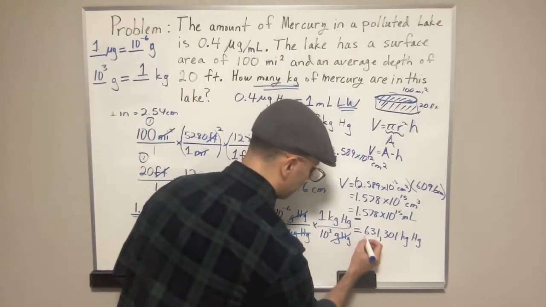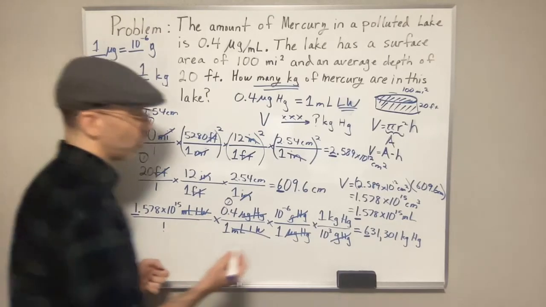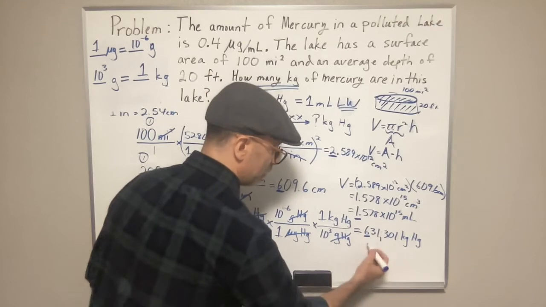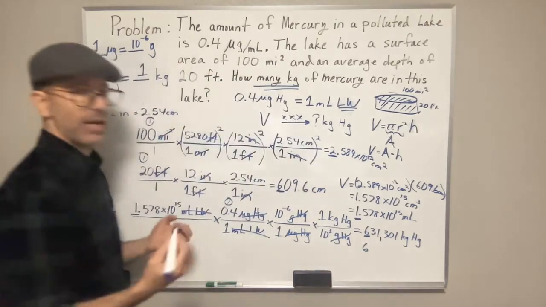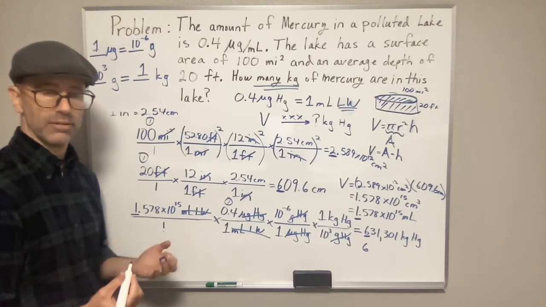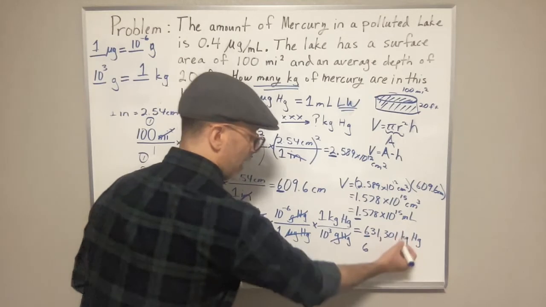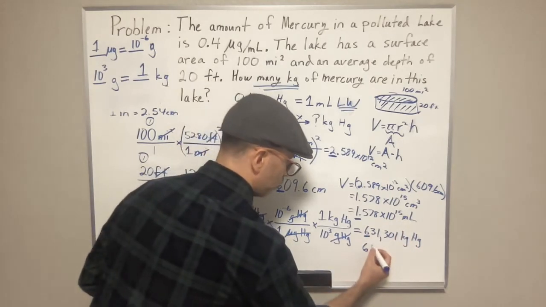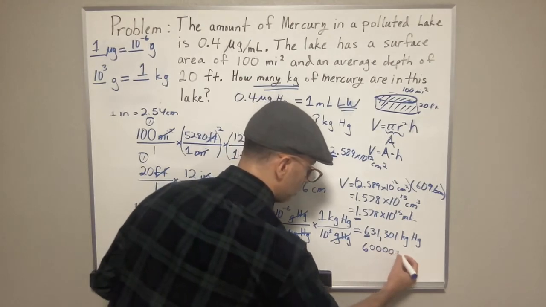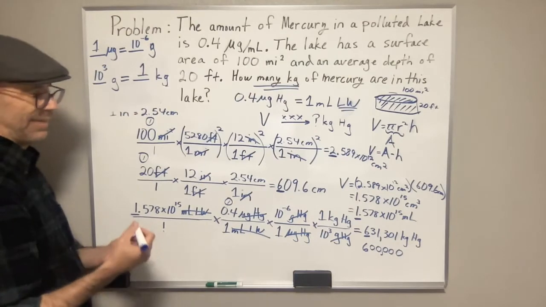So that means that this 6 is the only one we're allowed. So we got to drop everything else. But we can't just drop it and leave a 6, right? We can't write 6 because 6 is not the answer. 6 is a lot different than 600,000, right? So everything we drop that is on this side of the decimal point, we need to replace with zeros because we need those placeholders. Okay, so 600,000 is the answer.